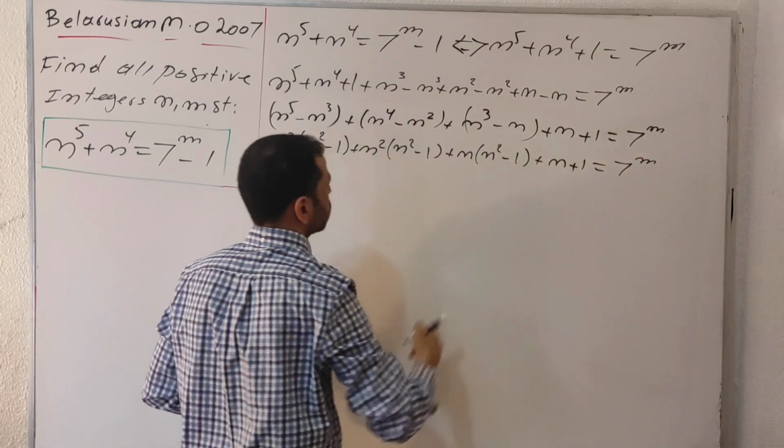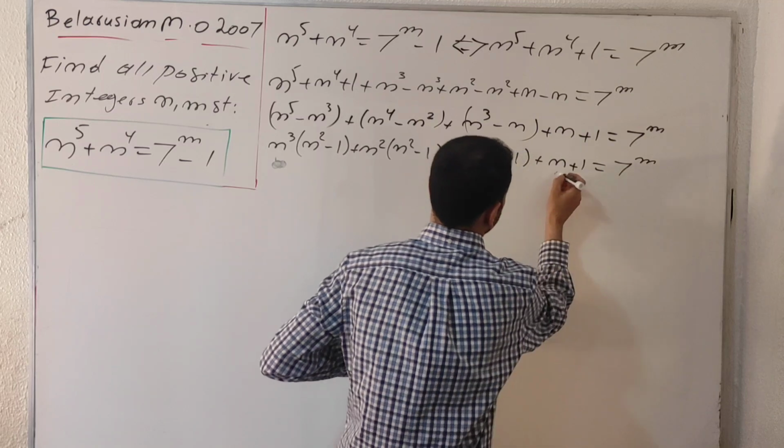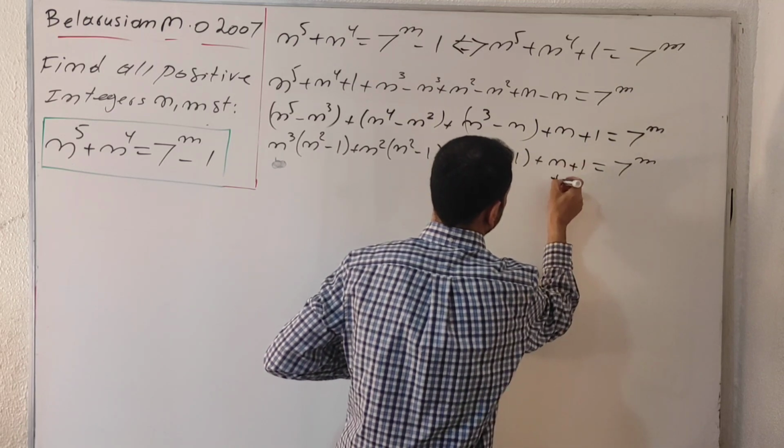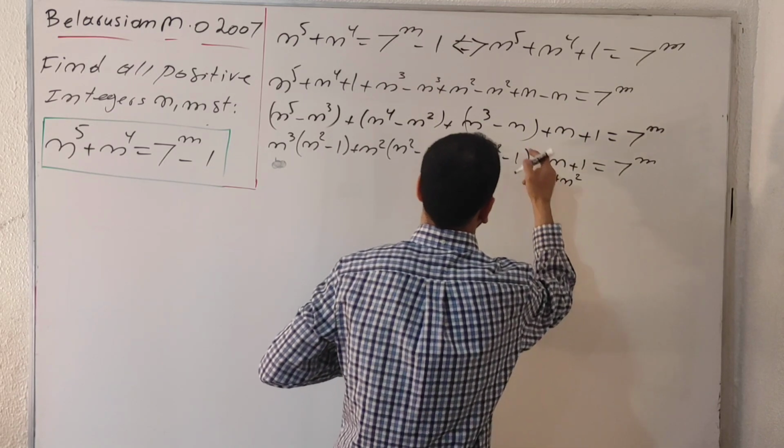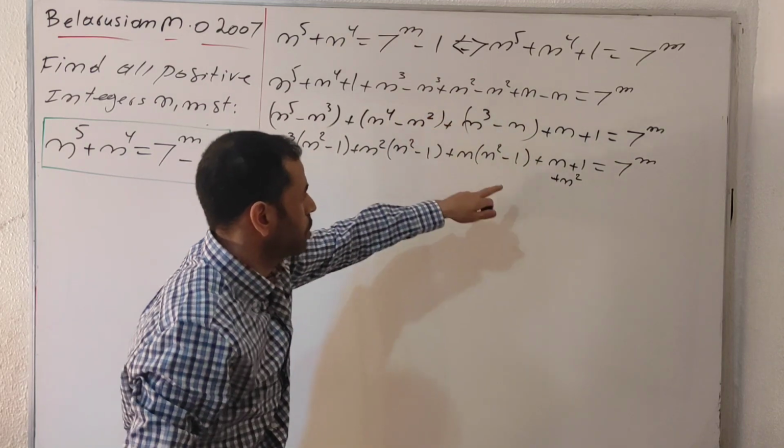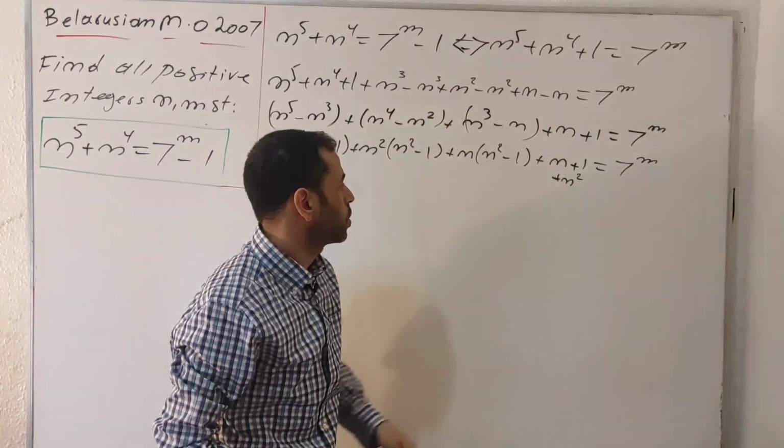I'm going to leave this as is, plus n squared, because there is another n squared term here.